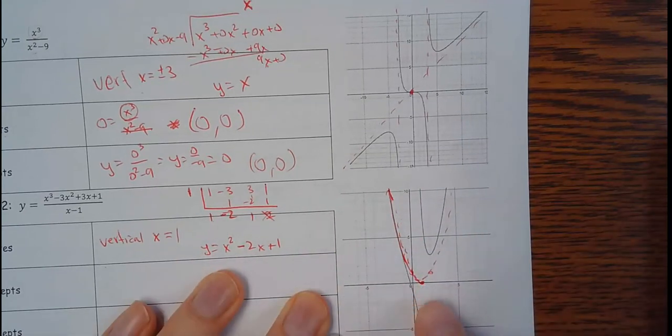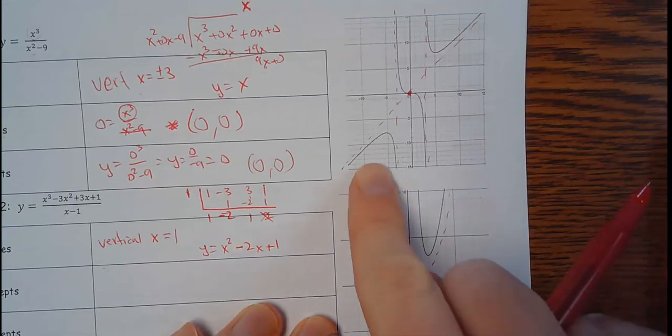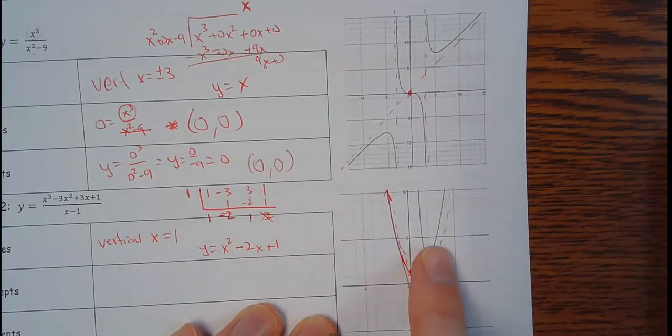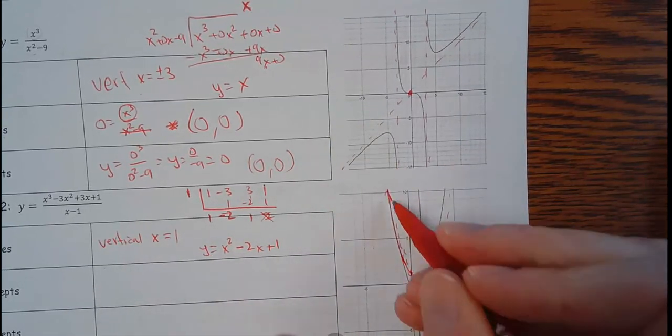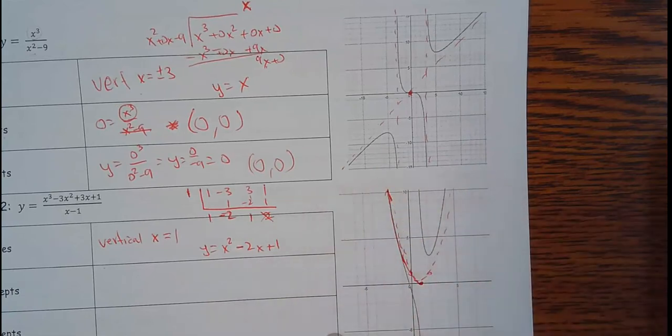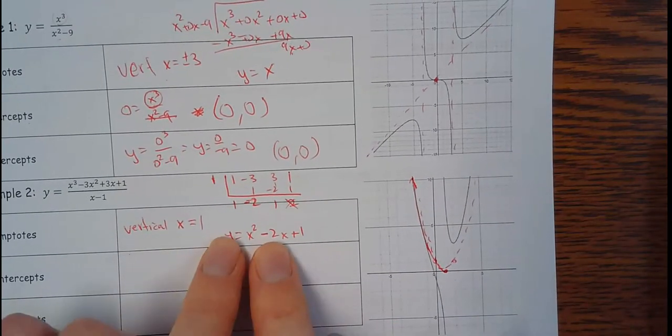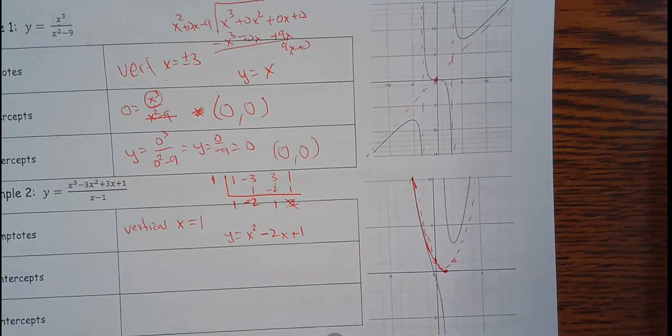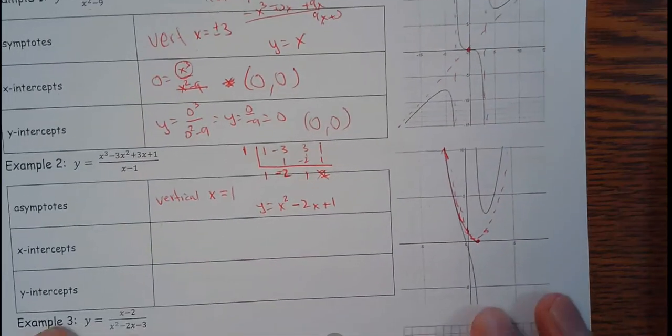So if you notice, as I go to the left, this function's following that parabola, and as I go to the right, it's on the inside following that parabola. So this parabola dictates the end behavior. Okay, so you've got the vertical asymptote and you've got the end behavior asymptote. There are no horizontal asymptotes, no flat lines that are asymptotes, but there is a parabolic asymptote there.